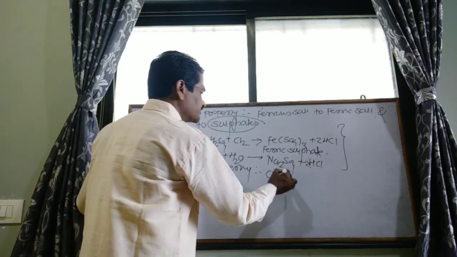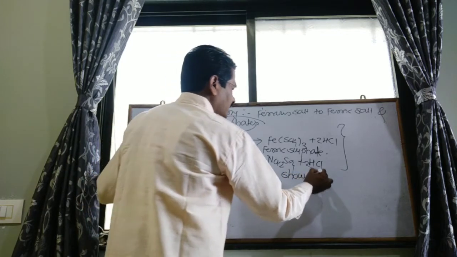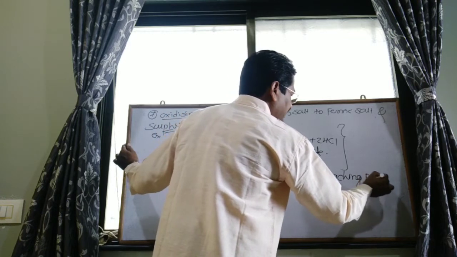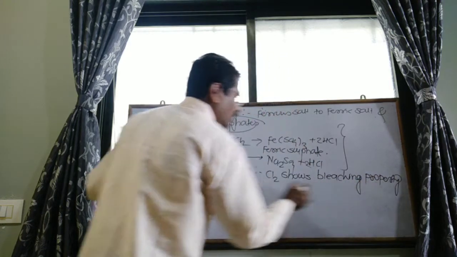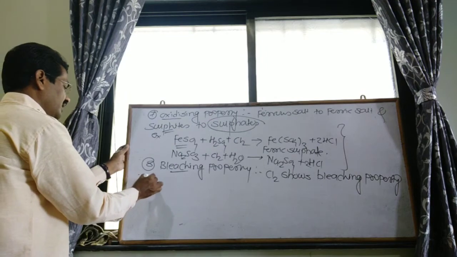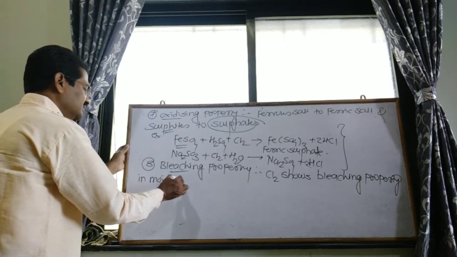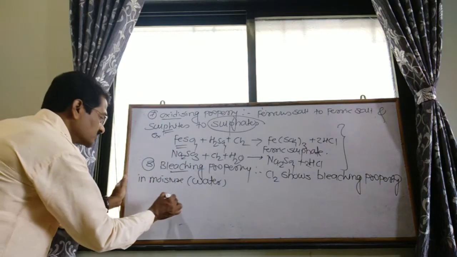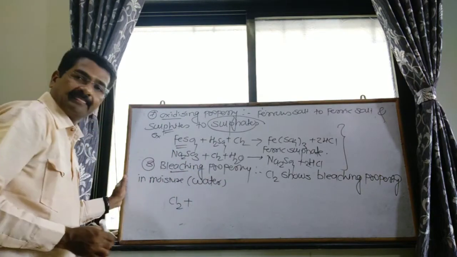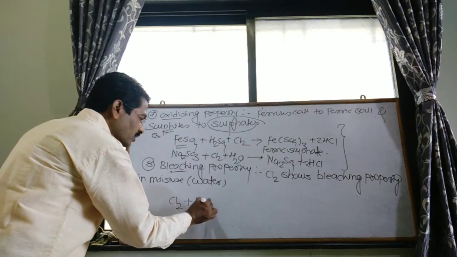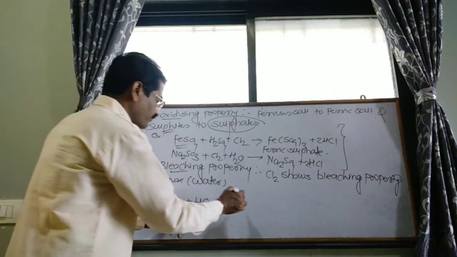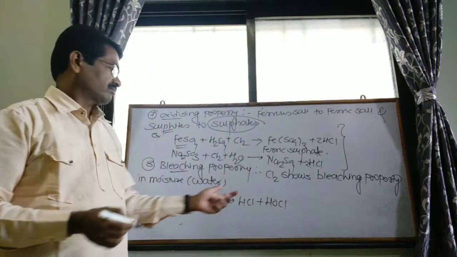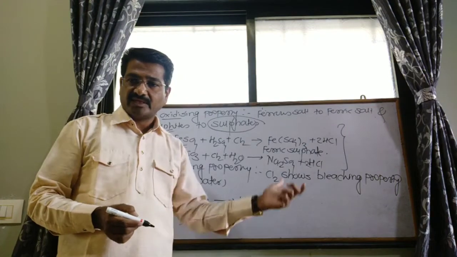Chlorine shows the bleaching property in moisture, that is water. How? Suppose this Cl2 is dissolved in water to form HCl plus HOCl, hypochlorous acid.